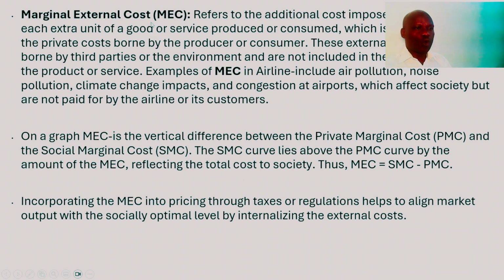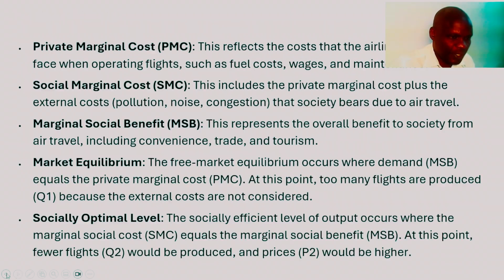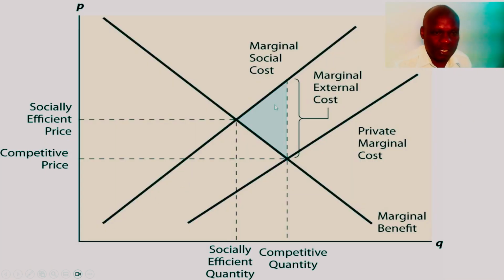Then marginal external costs, as we had seen, are the difference between private costs and the external costs. Let me just see in the diagram. You see here, marginal external cost: we said that marginal social cost is equal to marginal external cost plus private marginal cost.